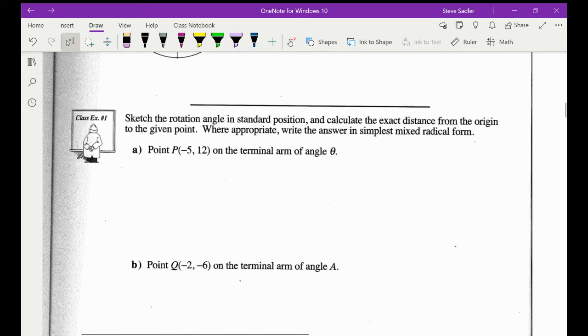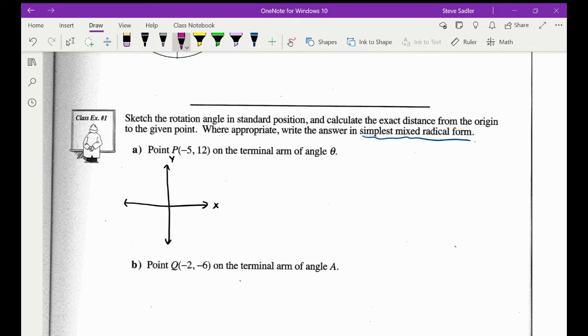So it says here, sketch the rotation angle in standard position and calculate the exact distance from the origin to the given point. Where appropriate, write the answer in simplest mixed radical form. Yay, good thing we did radicals. So let's draw this. We have an xy plot. Our point is negative 5, 12.